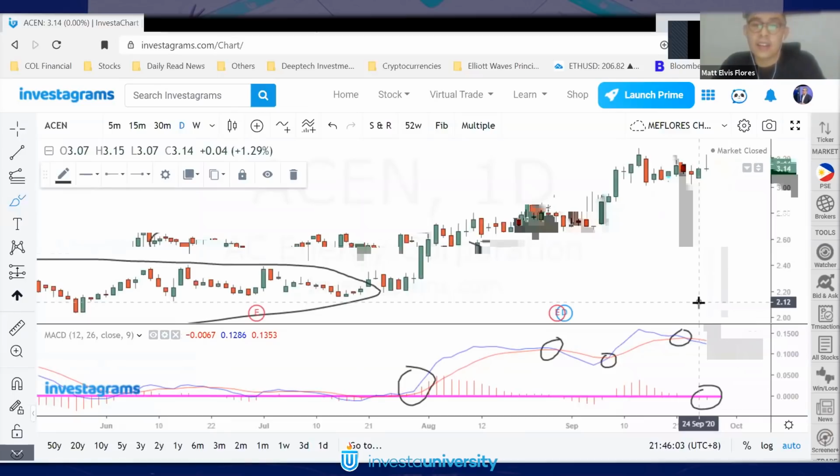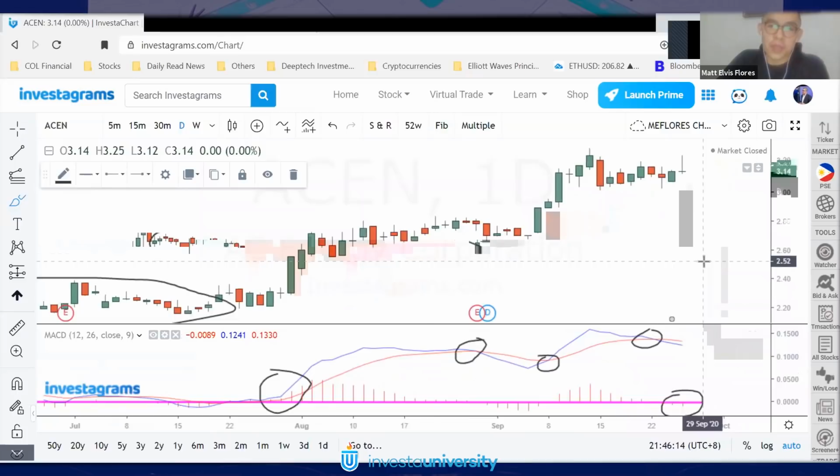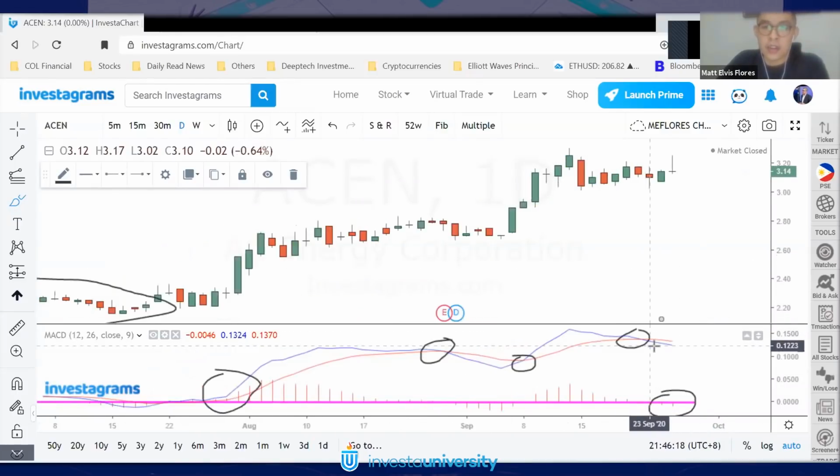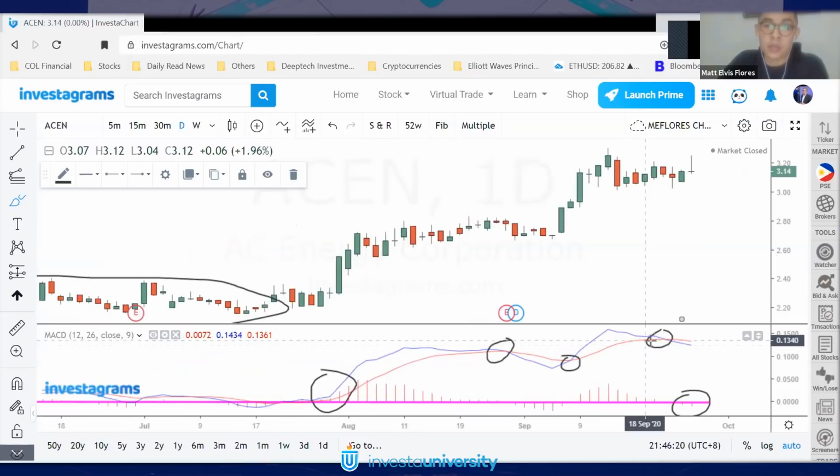Or are we just put on hold para ma-identify natin if we're gonna buy, hold, or sell? Diba? So it's really difficult to identify just using MACD. So yan, we're just waiting for it to consolidate.